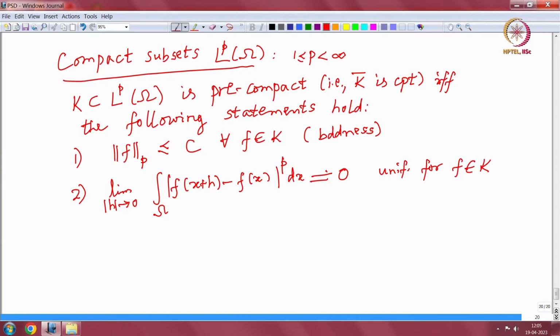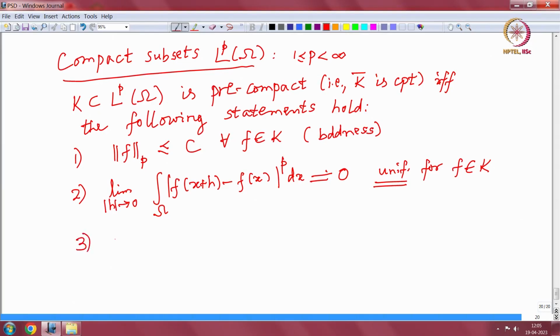This is nothing but the continuity in the norm, but here the requirement is that this limit should be 0 uniformly for f in K. I will explain what that uniformity means.